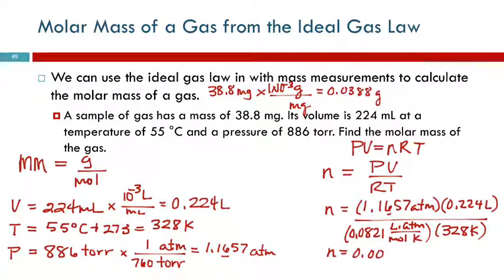I should have three significant figures here. 9, 6, 9. Those are my three sig figs. Leading zeros don't count. Write down two extra digits, that many moles. There's my number of moles, and there's my mass.